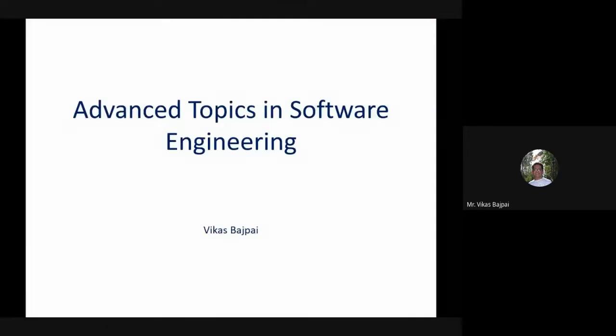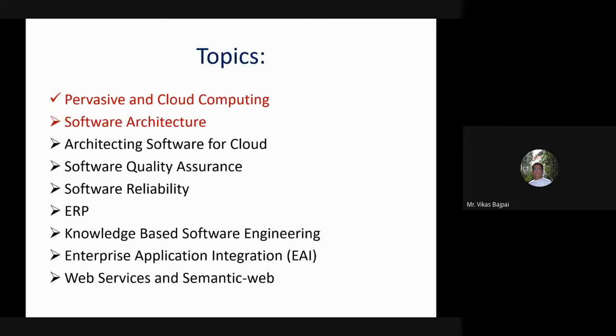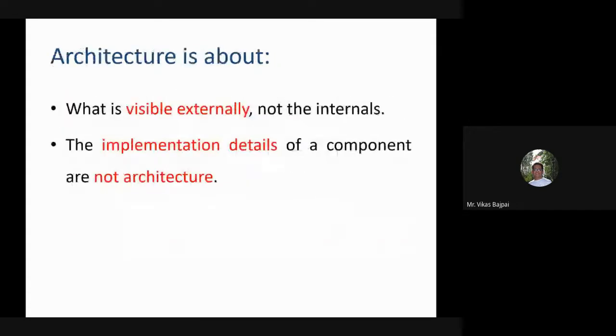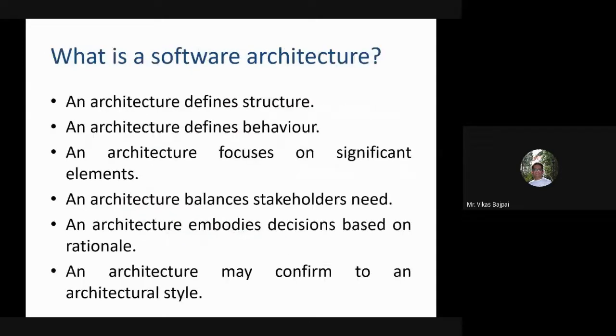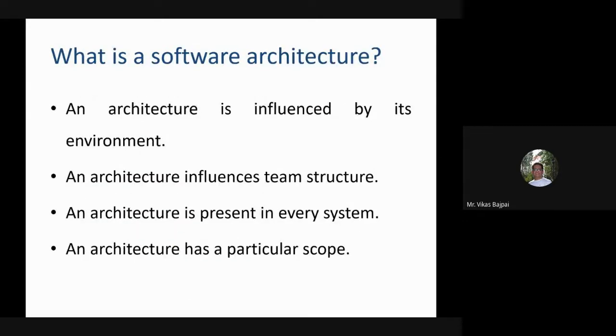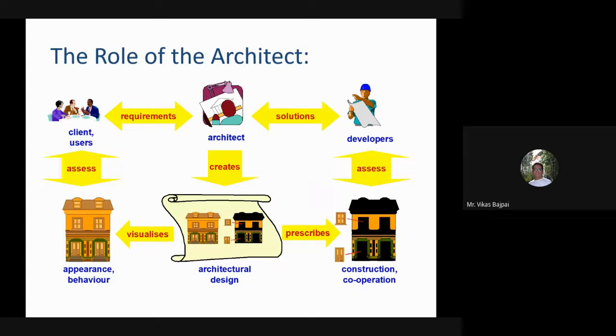So previously we had a talk on some basic topics, right? What basically is software architecture, some of the definitions, and then we went into a little depth of what actually is happening in this thing and how various stakeholders are involved, who are taking some calls, who are taking some decisions, and what basically is the outcome, the output, and what the expectations are from the clients, what the architect delivers, what the developers get.